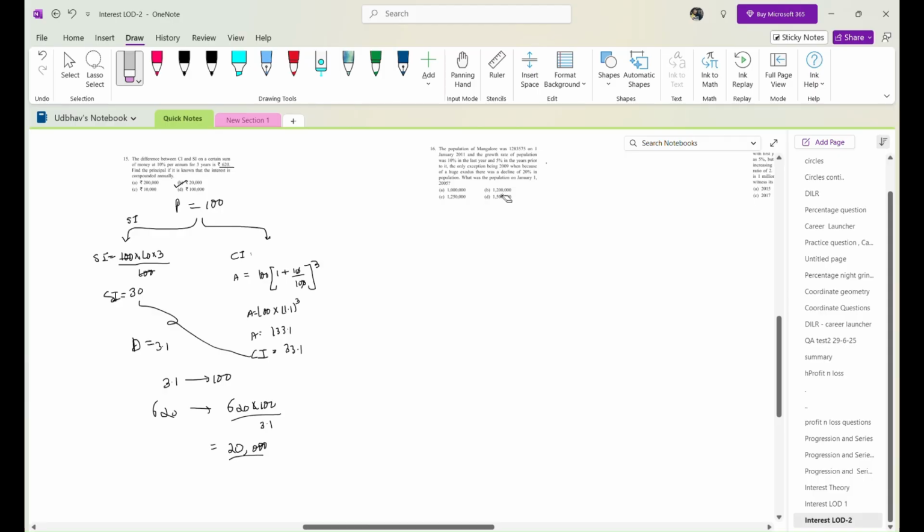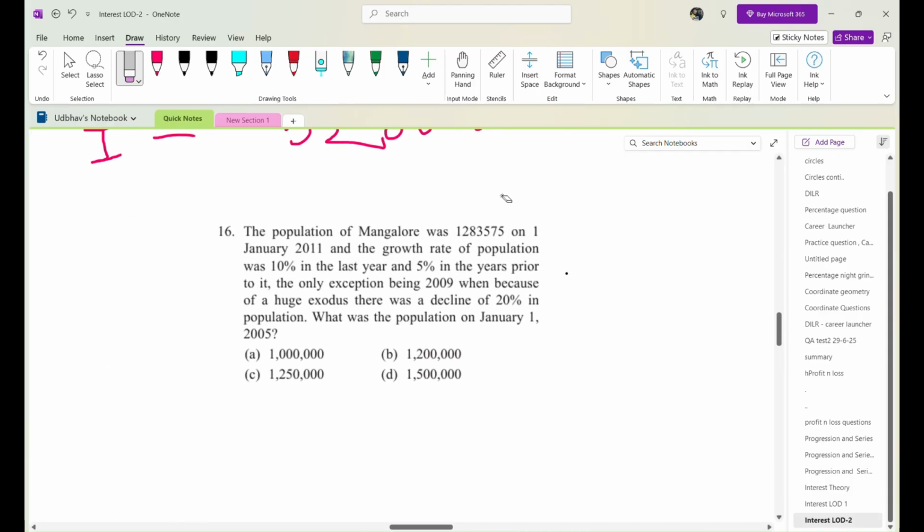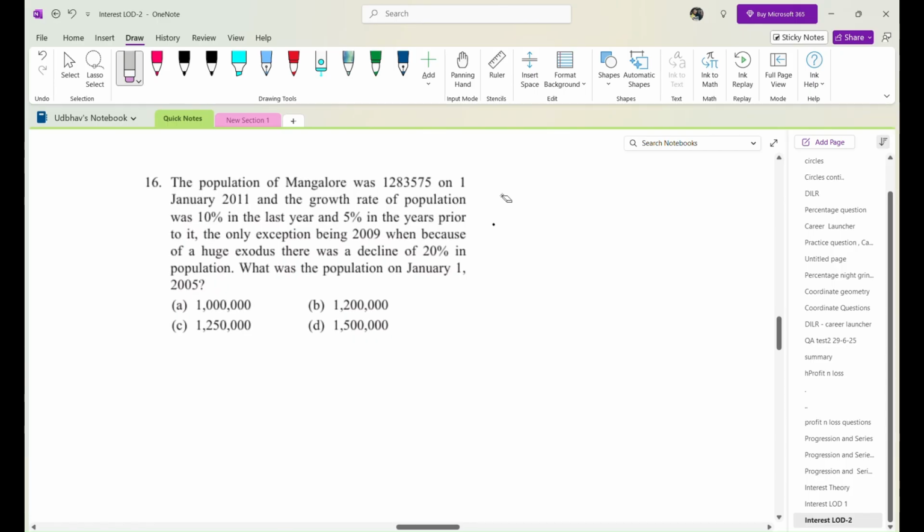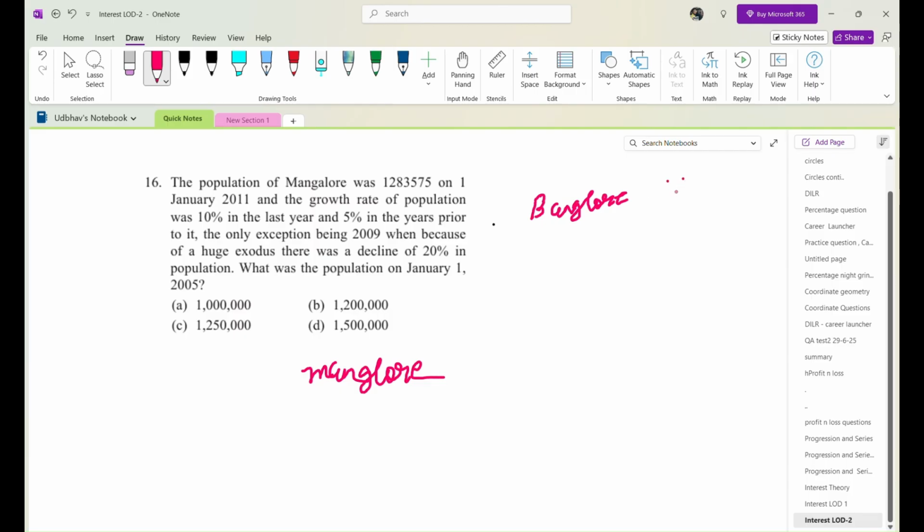So let's see the question number 6 here. The population of Mangalore. Has anyone heard about Mangalore? I've heard about Bangalore. Mangalore is a nice place, but I don't know about Bangalore.